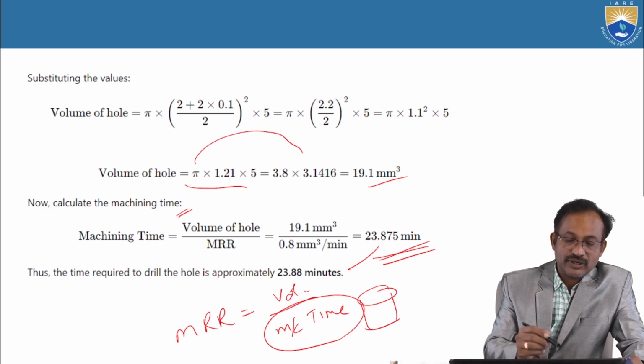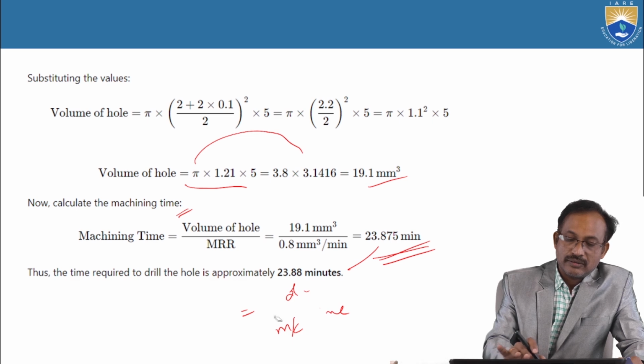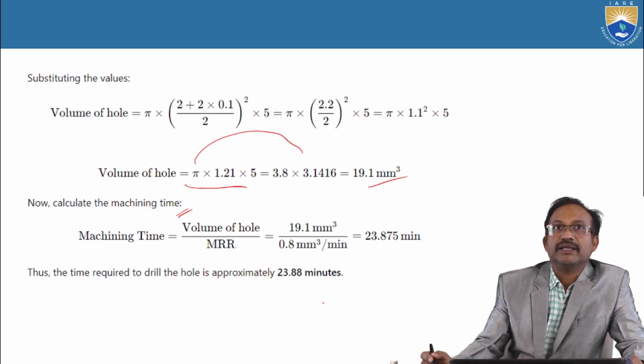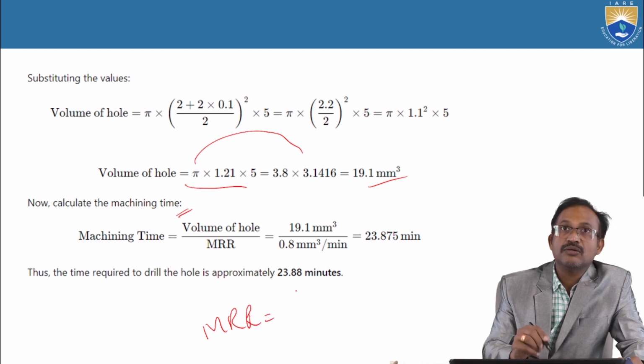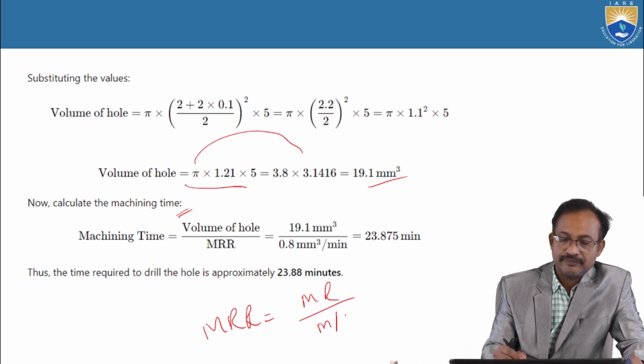Once we get the volume of the hole, we can find the machining time, because we already know material removal rate, MRR, equal to volume of hole, or volume of material removed, by the machining time.